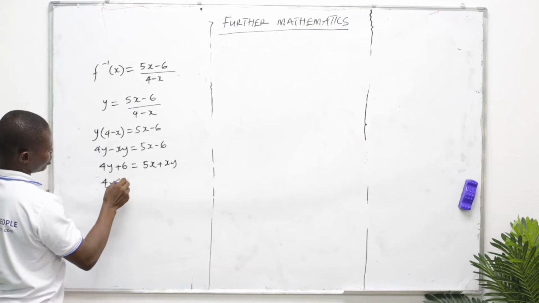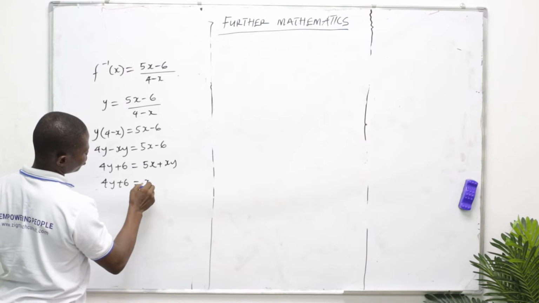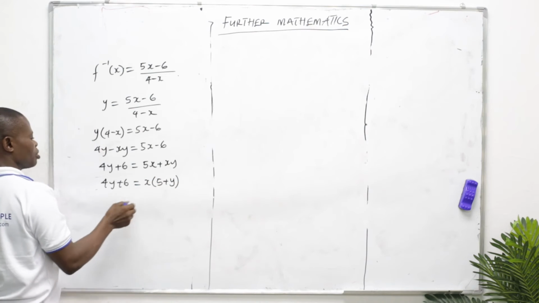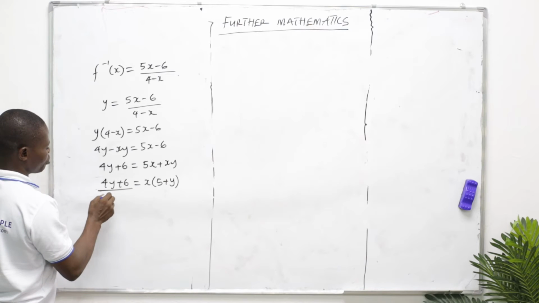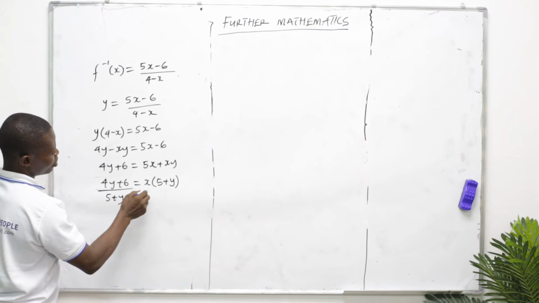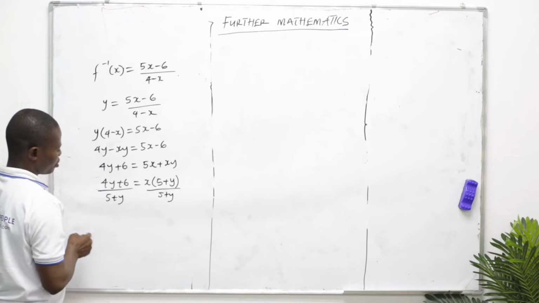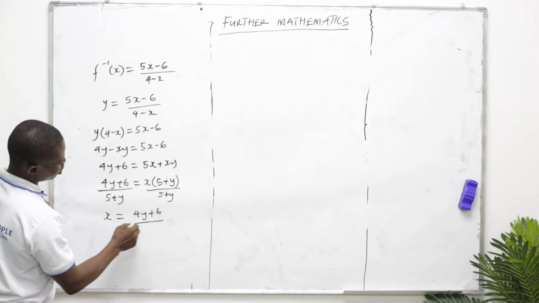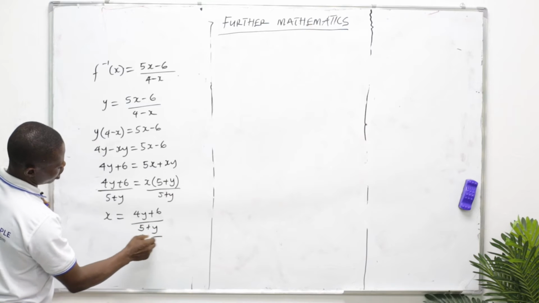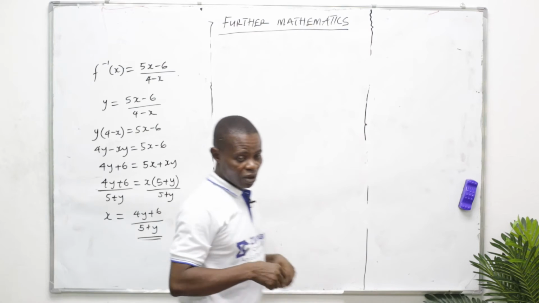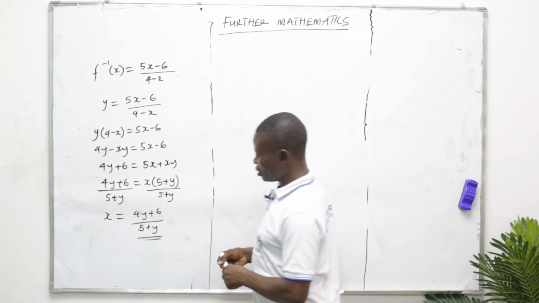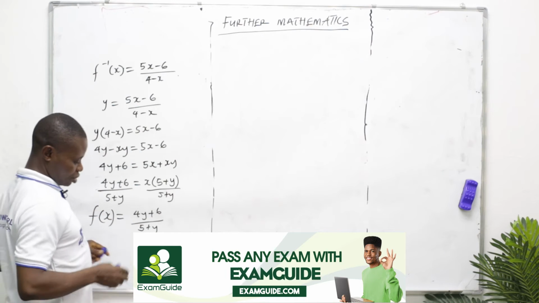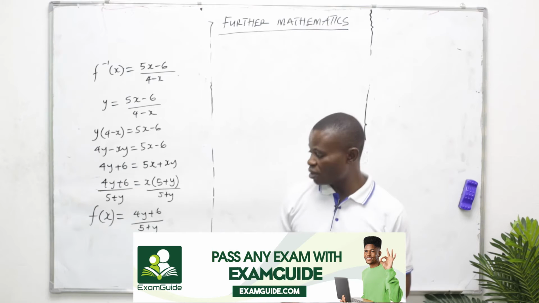So 4y plus 6 equals x is common, x into 5 plus y. So making x subject of the formula, it means dividing through by 5 plus y. So the original value of x equals 4y plus 6 all over 5 plus y. So this is the original function. F of x equals this.